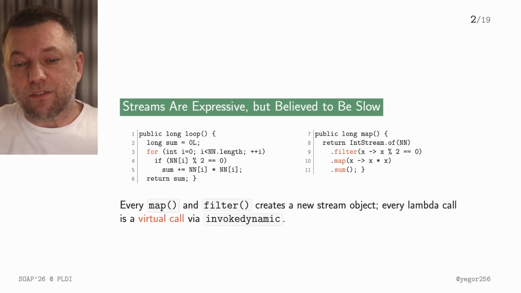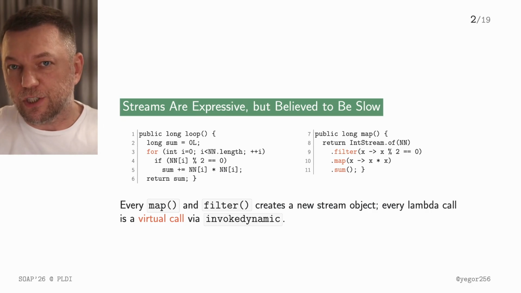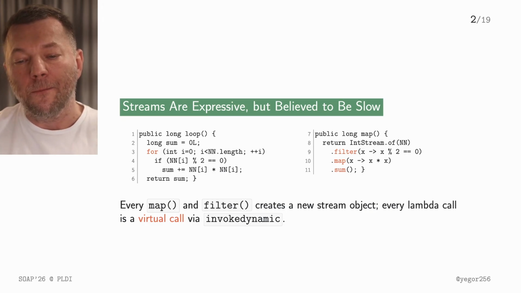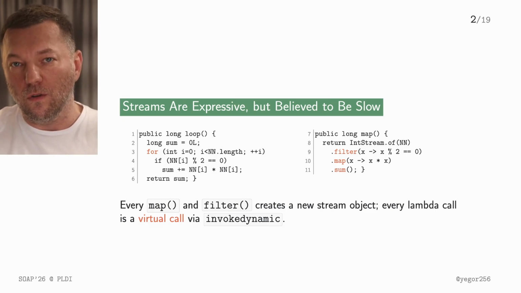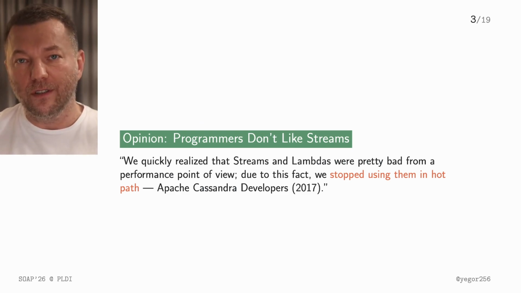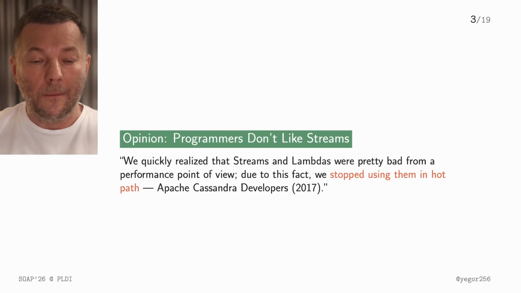However, there is a problem with that. Every lambda expression here is internally an object, which is supposed to be called by the Java runtime through a virtual call. And that leads to performance degradation, which was understood by Java programmers almost immediately after lambda expressions were introduced together with Stream APIs.